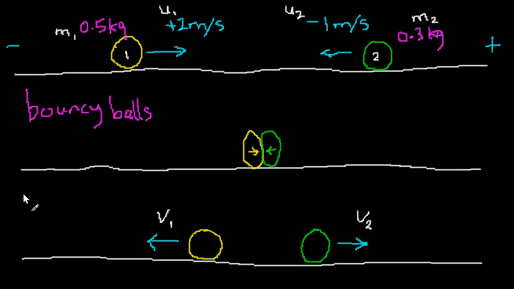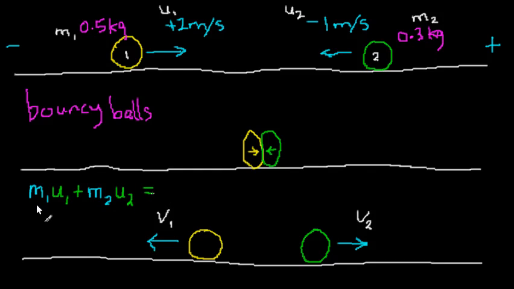So the equation looks like this. Say something like m1 u1 plus m2 u2.